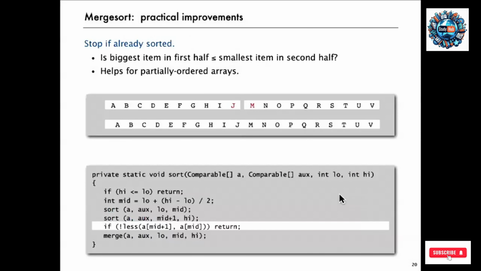A second improvement that we can make, that'll improve the performance for cases when the array is partly sorted, is to just stop if it's already sorted. That's going to happen in the case where the biggest element in the first half is less than or equal to the smallest item in the second half. That means it's done. So that's easy.